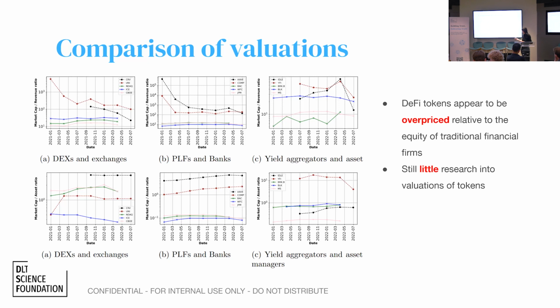And the conclusion is that at least back then, that was 2022, I think the market has gone down even further afterwards. Back then, we see a massive overpricing of decentralized finance protocols. And again, the market has adjusted itself and went down since then.